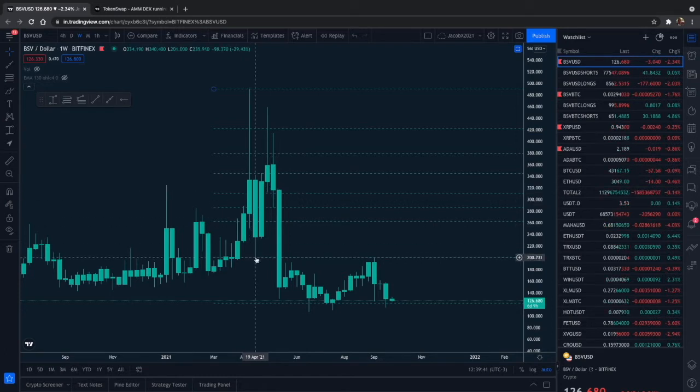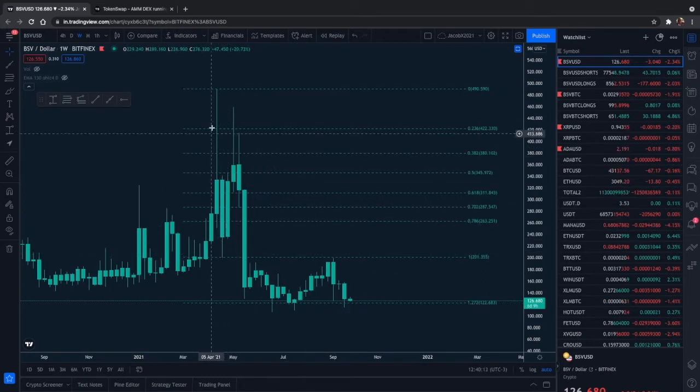And so it's important that I place it here, because as it came down, it saw support and it bounced back up. So this is very important for us. When I put Fibonacci down here as support for BSV, you can see that the 1.272 holds up support for BSV.